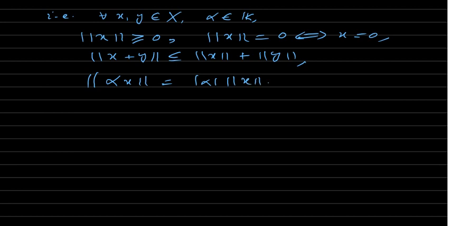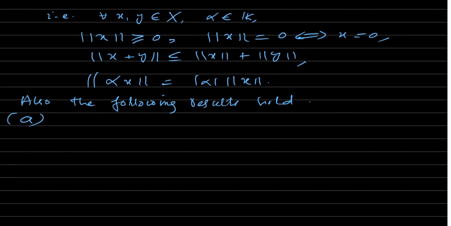Also the following results hold. First one is the following: if norm of xn minus x approaches 0, that means xn approaches x, and norm of yn minus y approaches 0, so that means xn is a convergent sequence and yn is also a convergent sequence, which means that they are also bounded, because every convergent sequence is bounded.